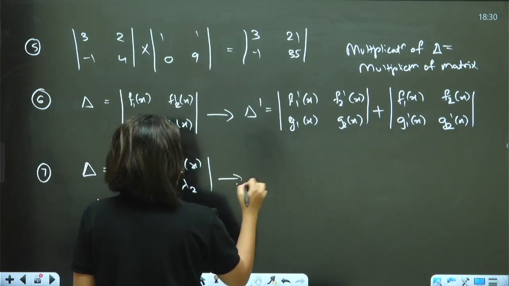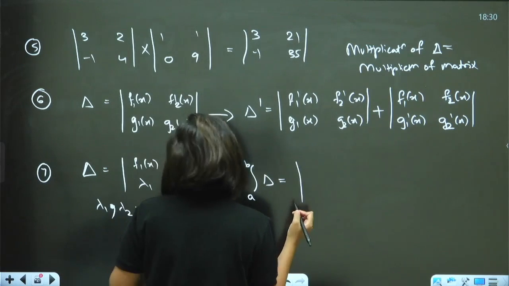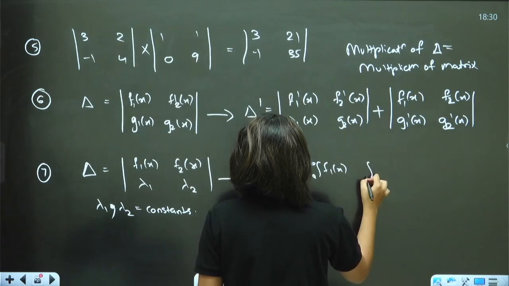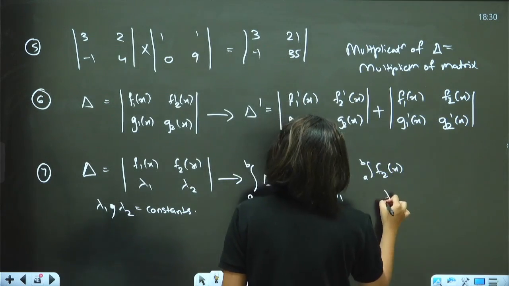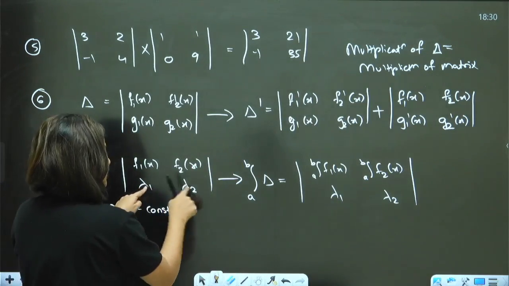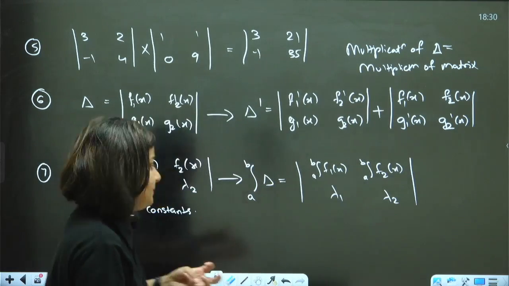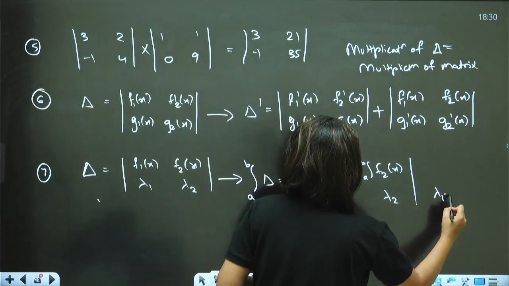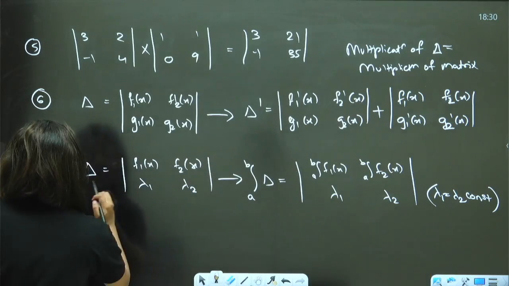If you want to find delta from a to b, integrate from a to b, you will directly integrate from a to b, f1x, a to b, f2x. You do not integrate constants, you keep the constants as it is. But let's say this lambda 1 and lambda 2 are not constants, they are some variables. This happens when lambda 1 and lambda 2 are constants. What if lambda 1 and lambda 2 are not constants?